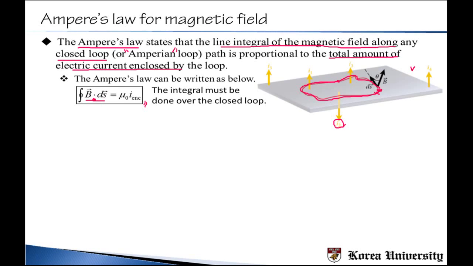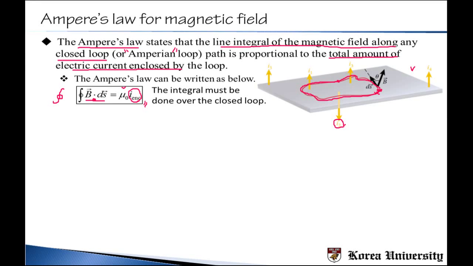And this symbol of integration with the circle on it actually means that you are integrating over a closed loop, right? You have seen this in the case of Gaussian surface. So when you integrate over the closed surface, we also had this symbol, right? And the result of this integration is proportional to the total amount of enclosed current, and the proportionality constant is this permeability constant.